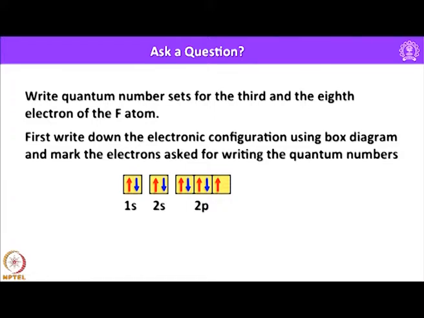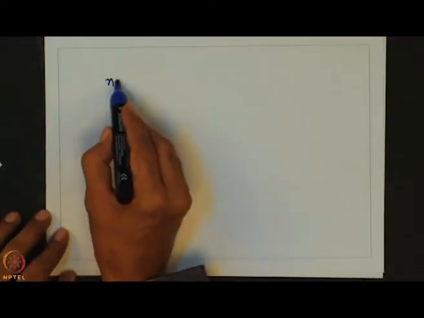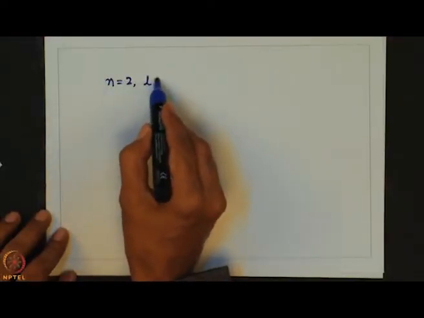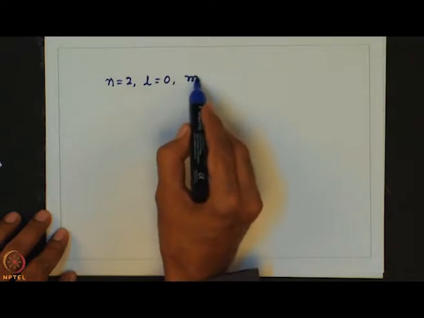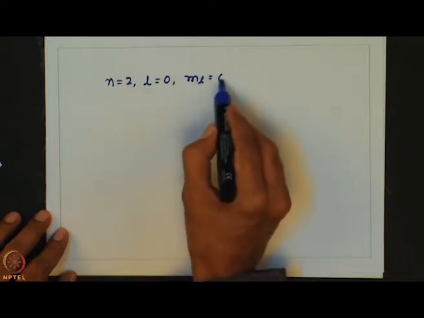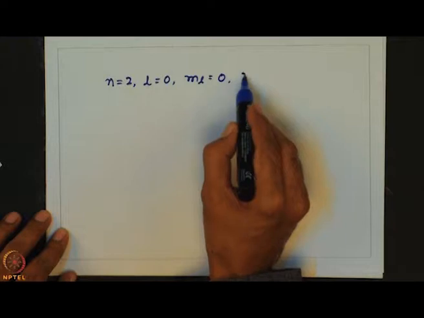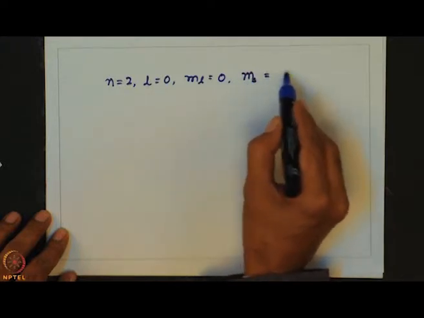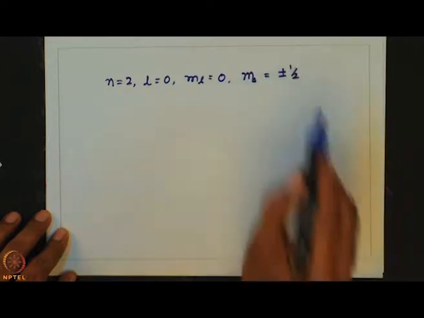In 9 electrons, we have to identify that the third electron is from the 2s and the 9th electron is from the 2p series. Third electron is in the 2s orbital, its quantum numbers are n equals 2, L equals 0, ML equals 0 and MS equals plus or minus half.